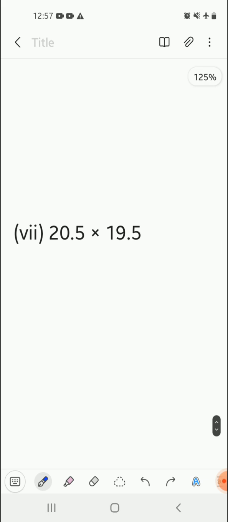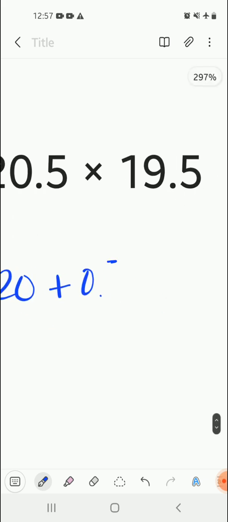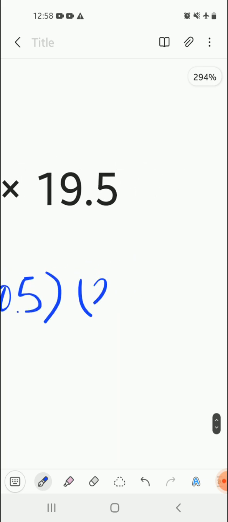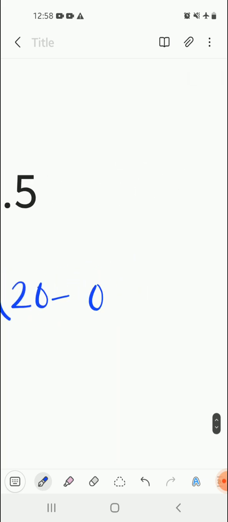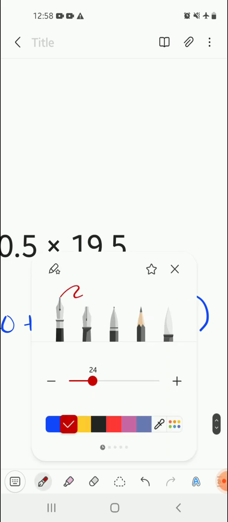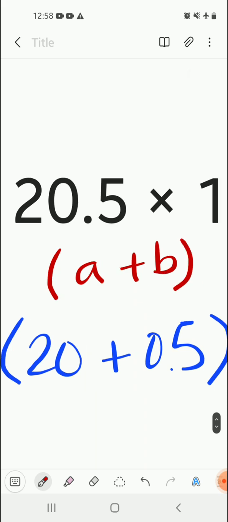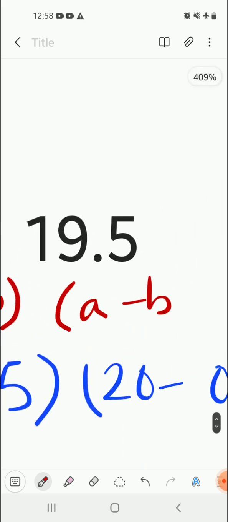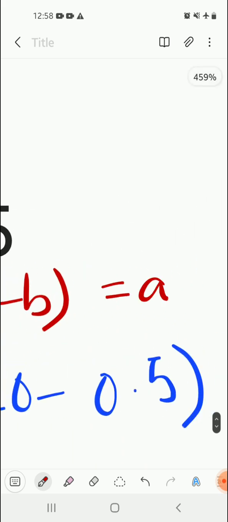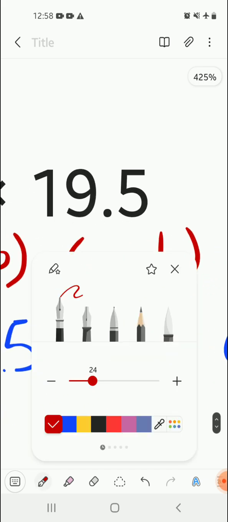Moving on, next 20.5 into 19.5. Once again, it actually means 20 plus 0.5, and this is 20 minus 0.5. So this is basically the a plus b into a minus b formula, which means a square minus b square. So we're going to write it down.